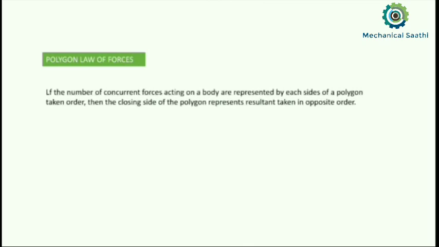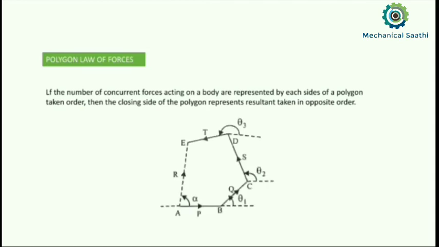It says that if the number of concurrent forces acting on a body are represented by the sides of a polygon taken in order, then the closing side of the polygon represents the resultant, which is taken in the opposite order. So let us see that also.